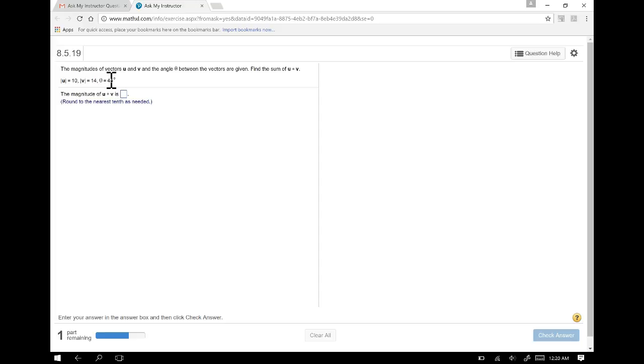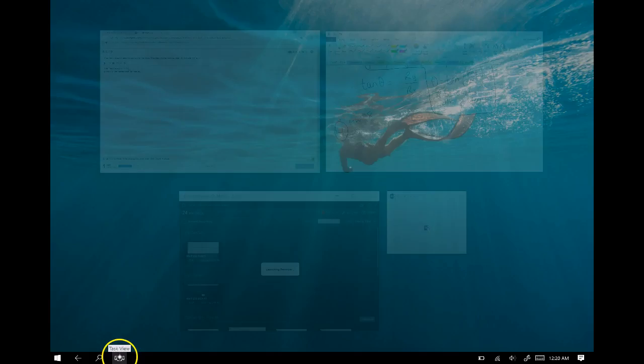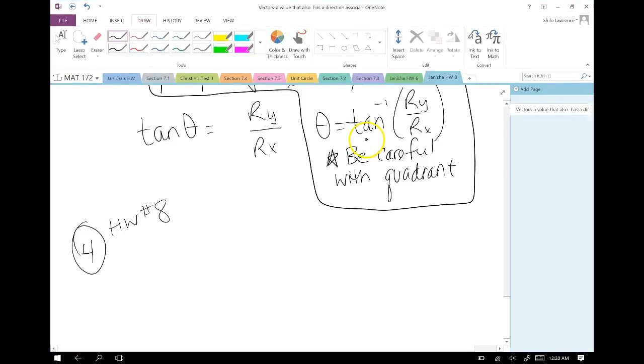So the magnitude for U is 10, and I'm going to say its angle is 0. Since we're dealing with two angles, I'm going to put a little subscript so that I know whose angle that is.